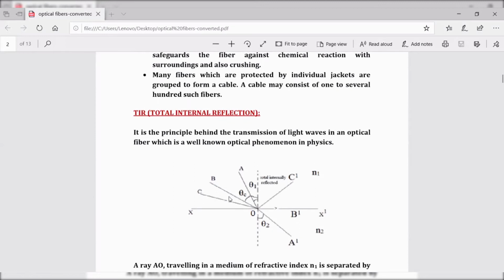So we call this total internal reflection. During total internal reflection, there will be no loss in the light energy or the light signal.